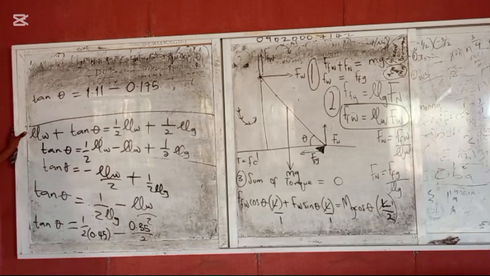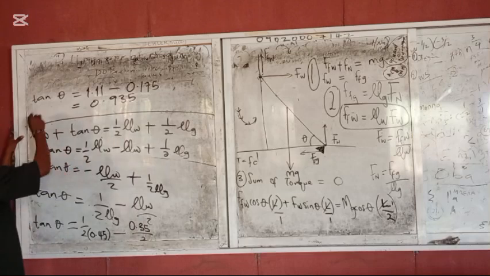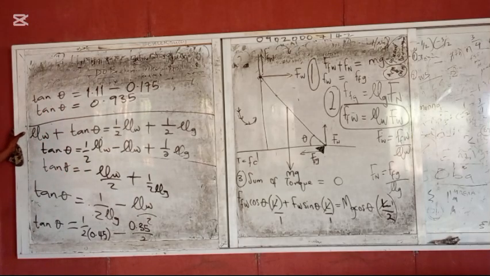So people are not even with calculator. 0.935. Okay, tan theta now is equal to this, are you aware? Which means that if I want to get theta out, I process it by tan inverse.